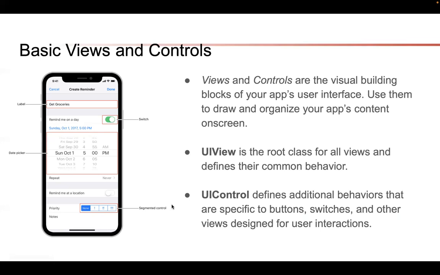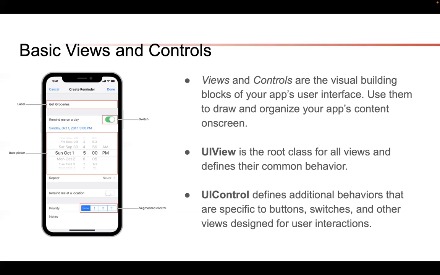For all of these, UI view is the root class for all the views, and defines their common behavior. We have seen in the storyboard, under UI view, there were some common properties for label and button. That's the root class, UI view.